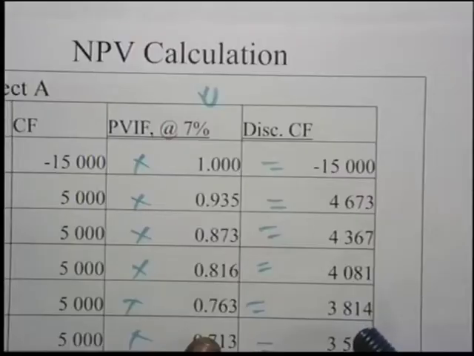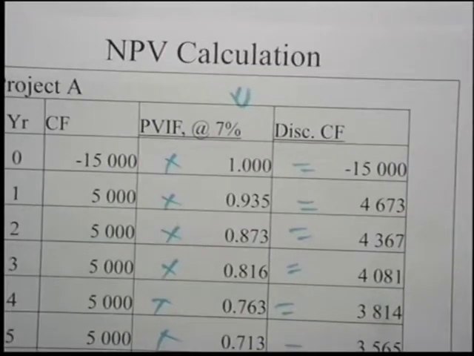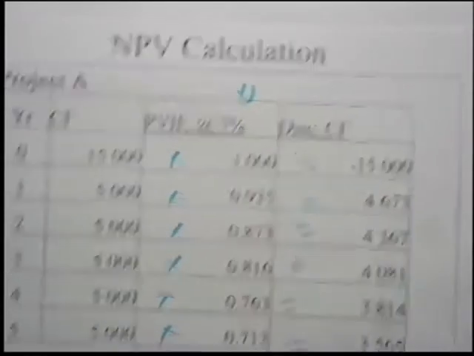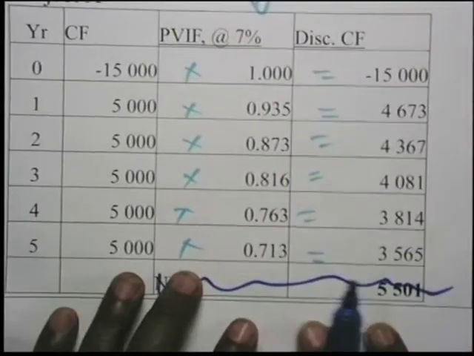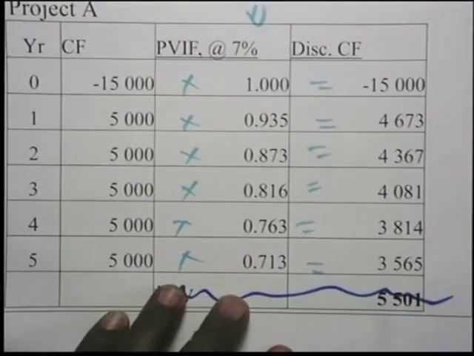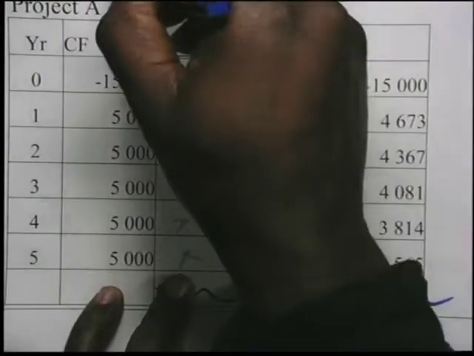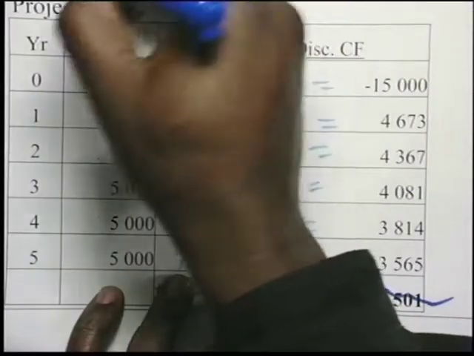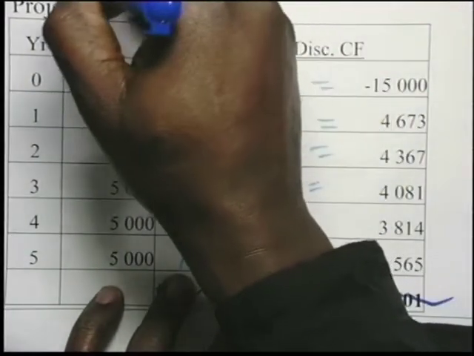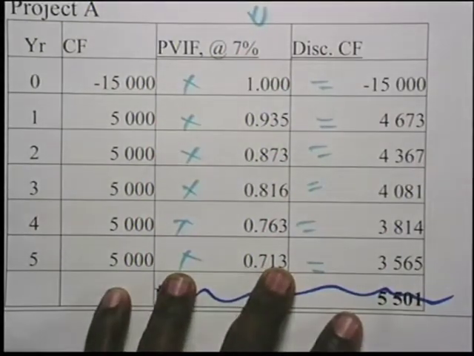The figures that are to the far right in this column, the last column, discounted cash flows, are the ones I want you to forget for the time being. Forget this figure that I put here. Okay, forget that figure and let's look at these figures, the discounted cash flows. What we'll do now, and here I put net present value. Let's put it discounted payback. I shall use the same form later on.